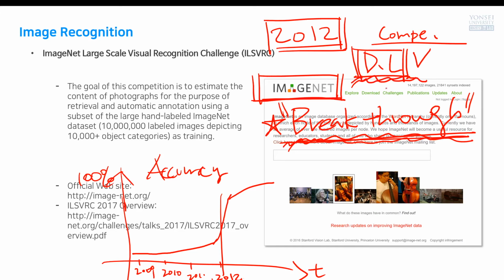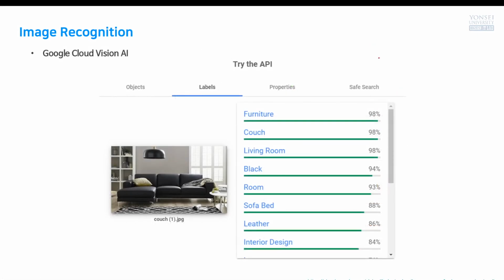So since 2012, a large number of researchers went all in on deep learning research, and their outputs are all around, okay? So that's why I introduce you to this one: the ImageNet Large Scale Visual Recognition Challenge. This is one of the international competitions.